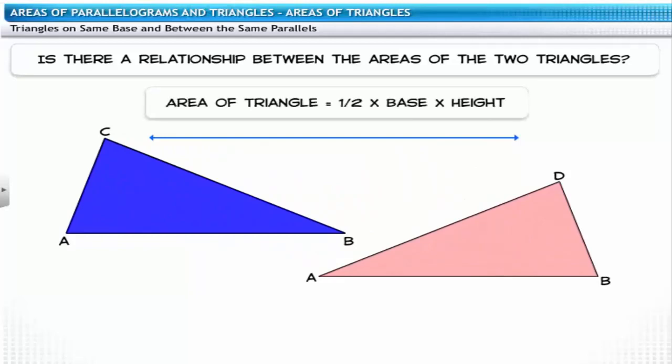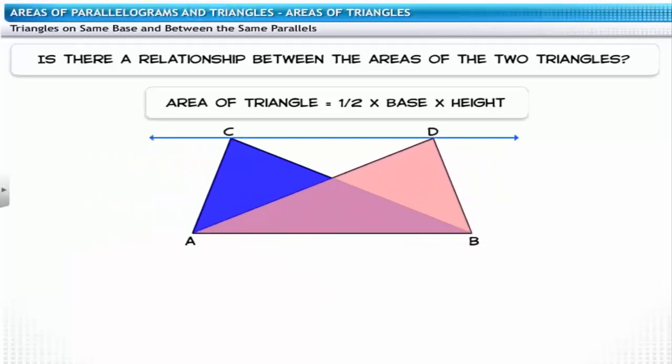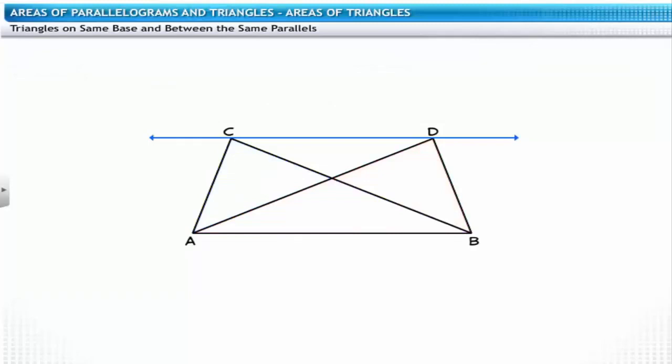Recall that the area of a triangle is equal to half the product of its base and the corresponding height. We'll use this formula to see how the areas of two triangles on the same base and between same parallels are related. The triangles ABC and ABD have a common base AB.